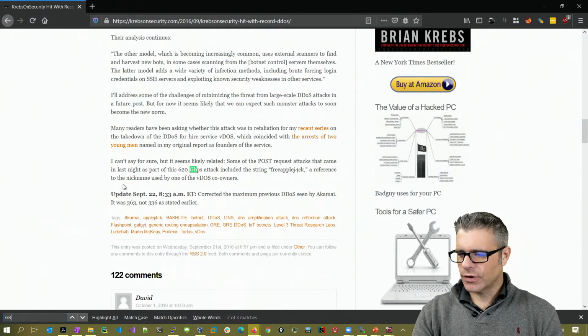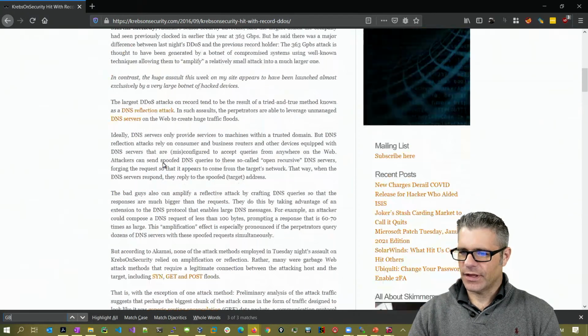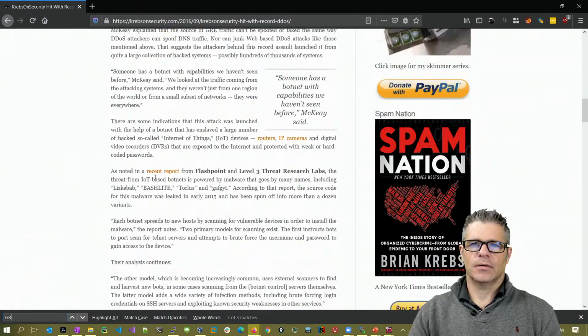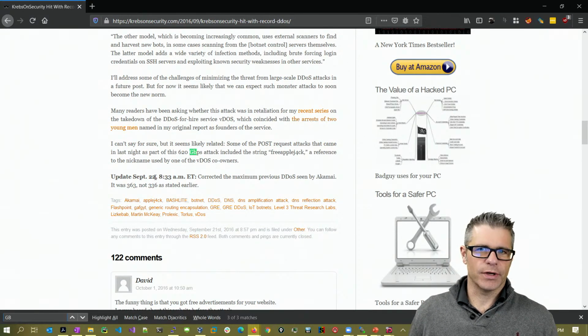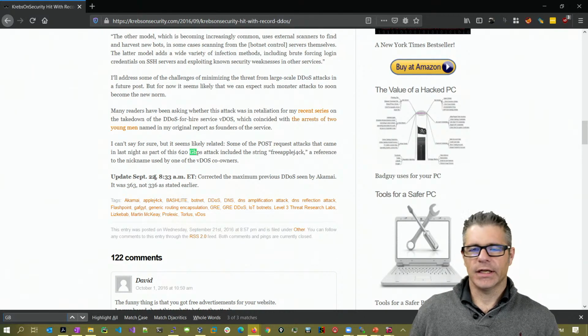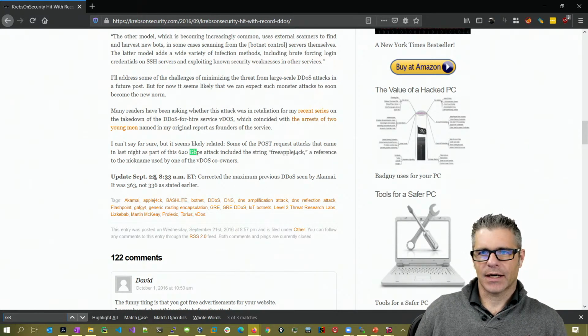And he used Akamai. Your only real defense against a real distributed denial of service attack like the Mirai botnet coming down on you is Cloudflare, Akamai, one of the protectors.